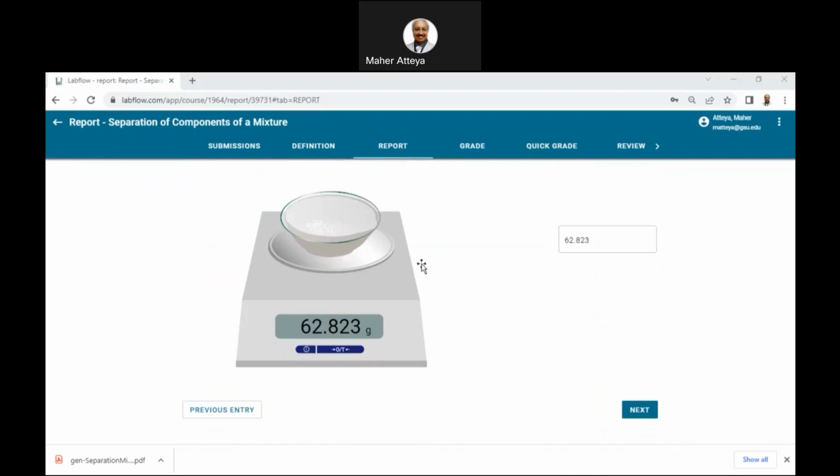Mass of evaporating dish. Okay, so next, and then next.